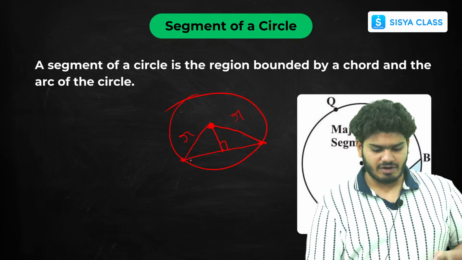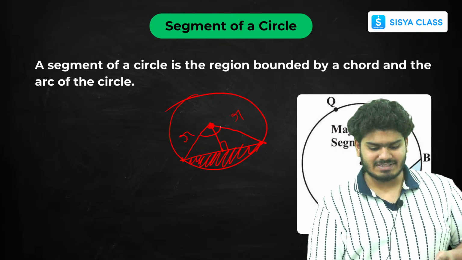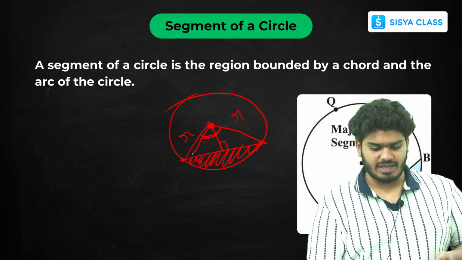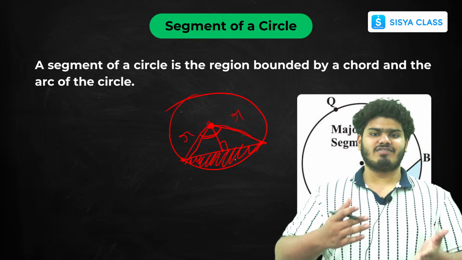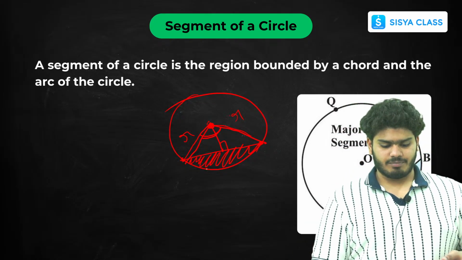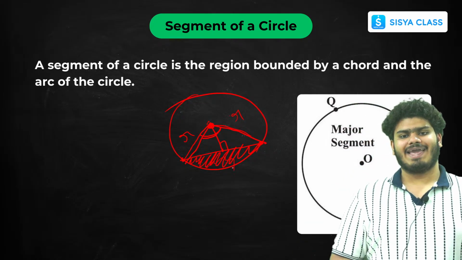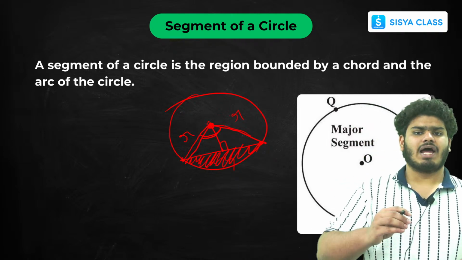If you can find the area of the triangle, and if you know the angle subtended by the sector, you can clearly see this will be a sector. If you want the area of the segment, then you will remove the area of the triangle that has been formed from the area of the sector.